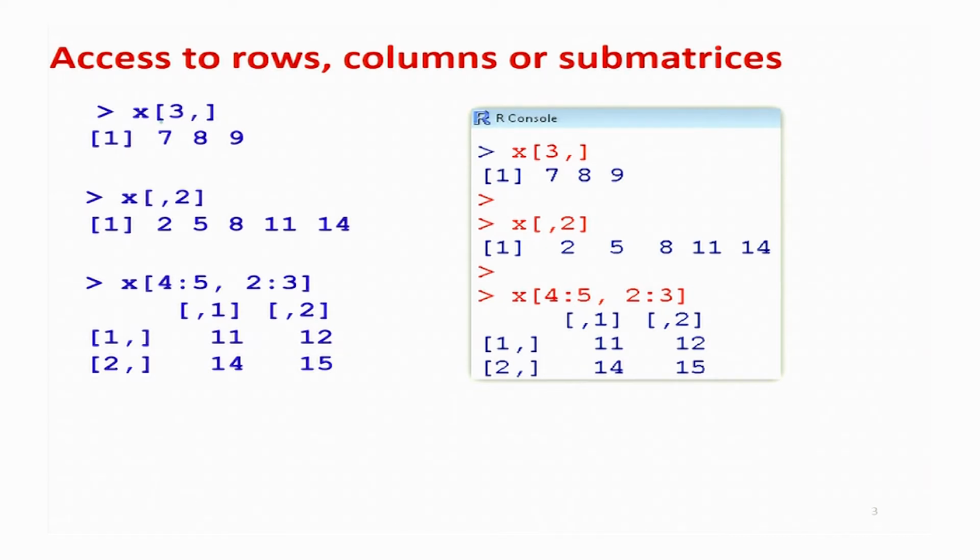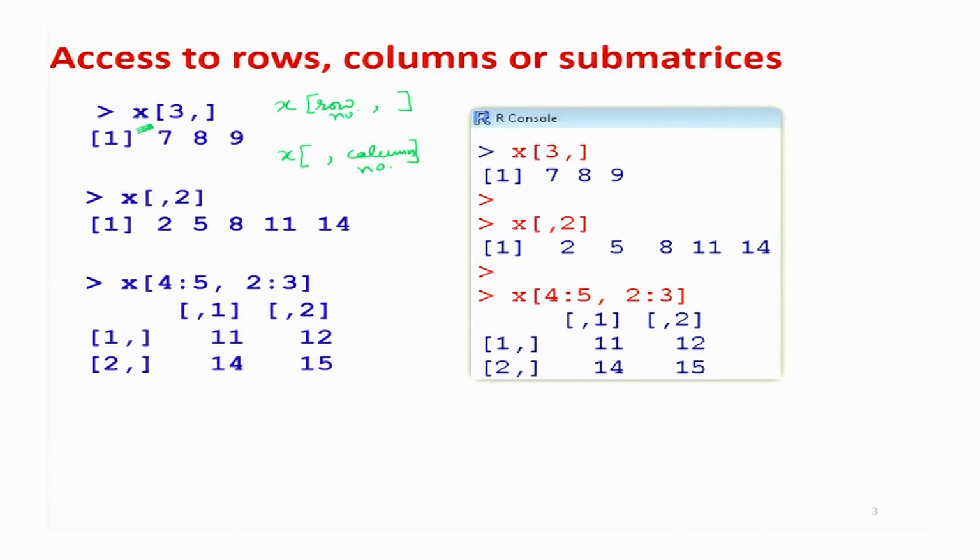The syntax is to write the name of the matrix X, then the square bracket, and if you want to access a particular row, write the row number and then a comma. On the other hand, if you want to access a particular column, you write the name of the matrix and square bracket, write a comma and then write the column number. That is the way we can access it.